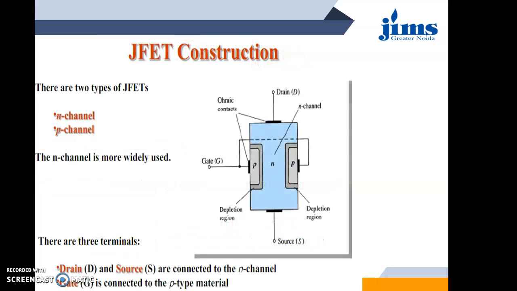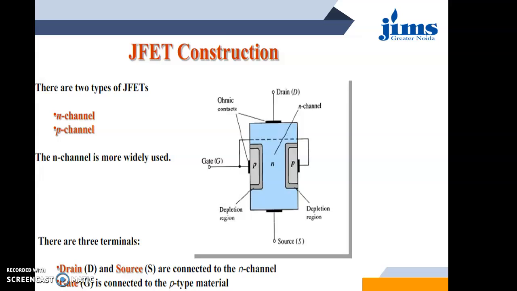This is the construction of JFET, that is junction field effect transistor. It has a silicon bar, whether it is N substrate or P substrate, and if it is an N substrate as shown in this diagram, the P type semiconductor is diffused in the opposite sides, which are interconnected to each other, and they form the gate terminal.